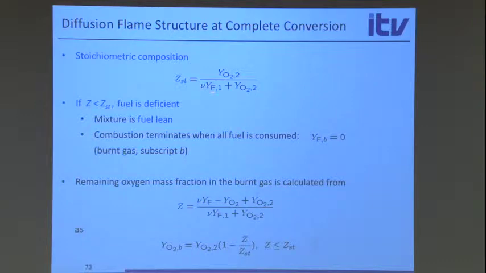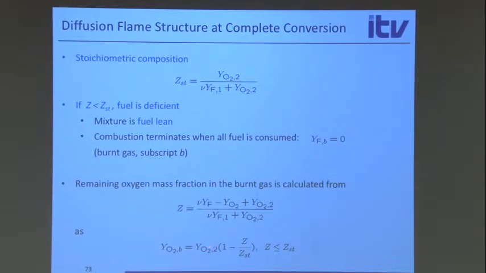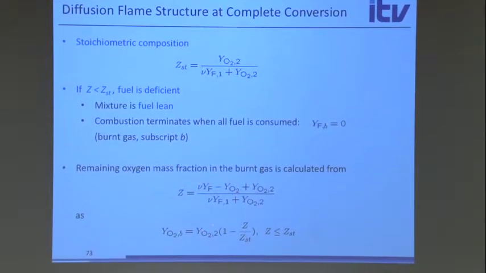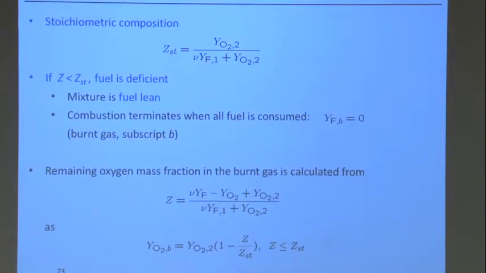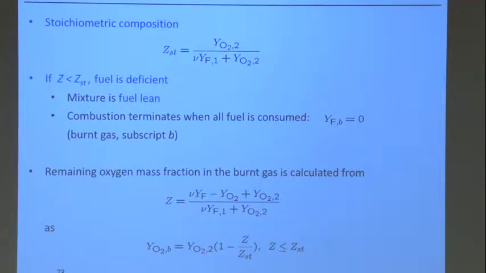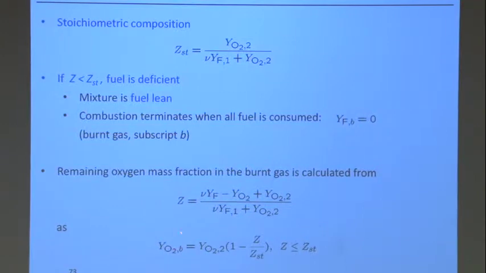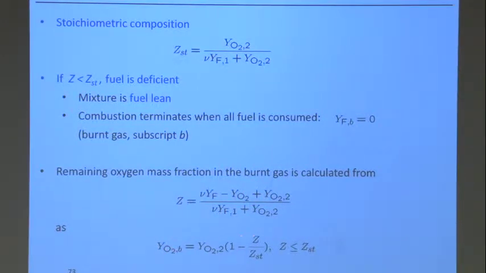You see the denominator goes away, and then I can solve this for YO2, which is a function of 1 minus Z divided by Z stoichiometric, times YO2 in the oxidizer stream, that's the mass fraction of oxygen in the oxidizer stream. For air, this would be 0.23. So these are known values. And so you see, I know the oxygen mass fraction as a function of mixture fraction, okay?